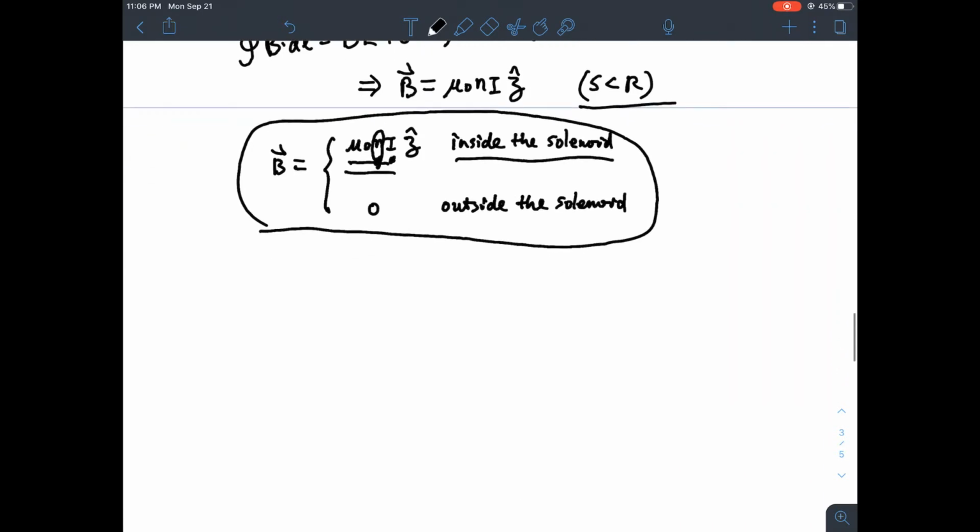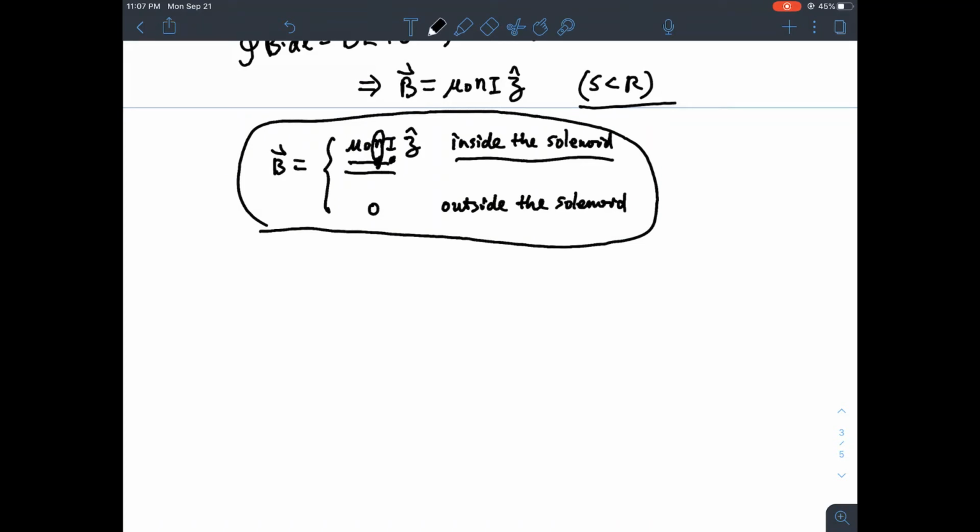So here I basically showed you two examples of how to use Ampere's law to figure out the magnetic field distribution for some configurations. As I mentioned earlier, like Gauss's law, it also relies on symmetries, so that it will be easier for you to calculate this line integral.